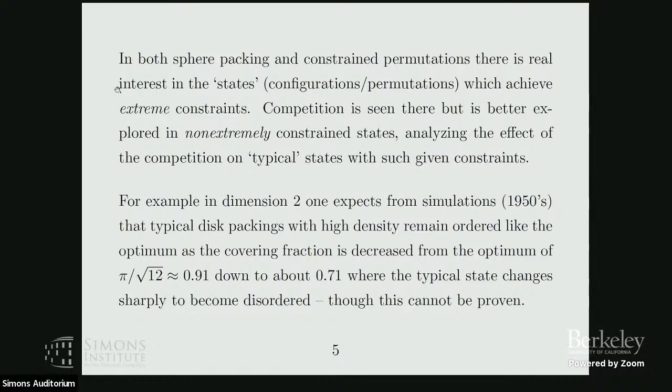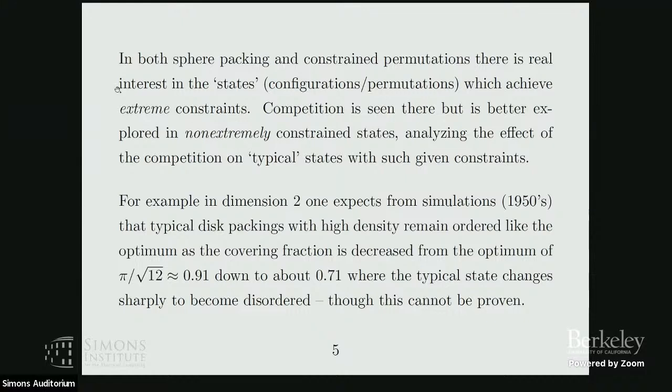It's very clear even in the extremum. But what I'm talking about today is putting on those constraints, but looking at the constraints away from the extremum, and seeing how the system responds to those competing constraints.